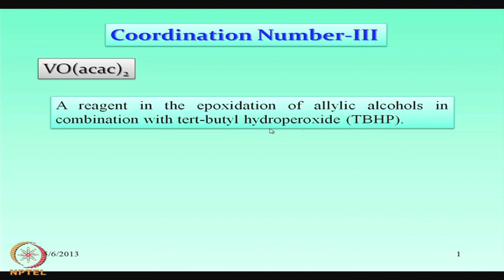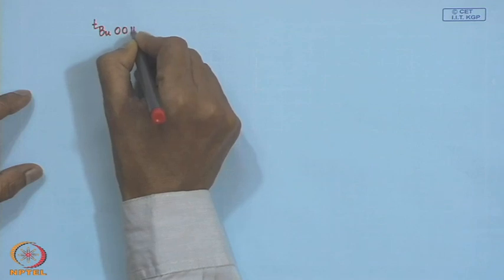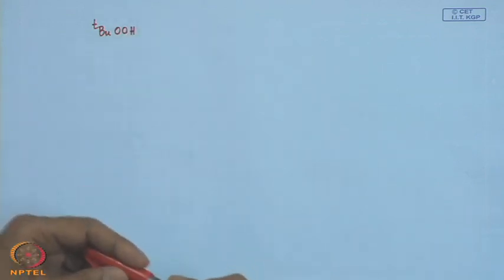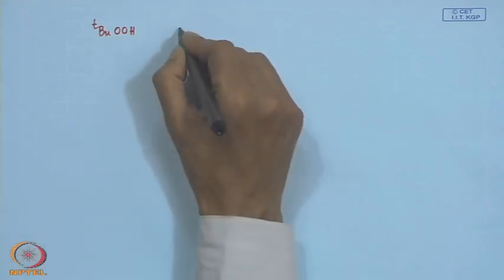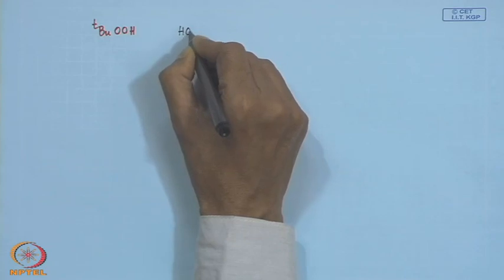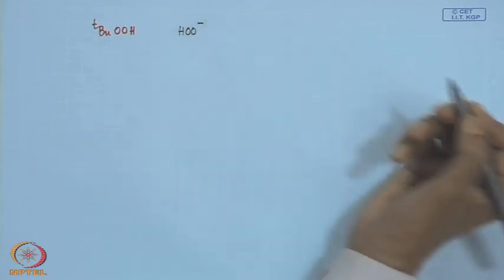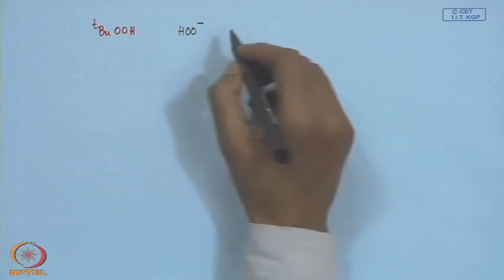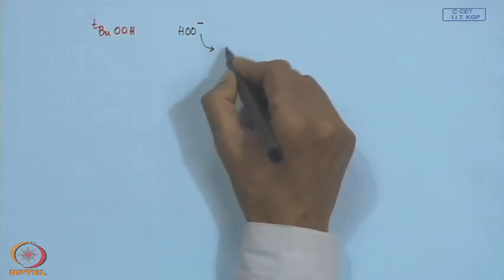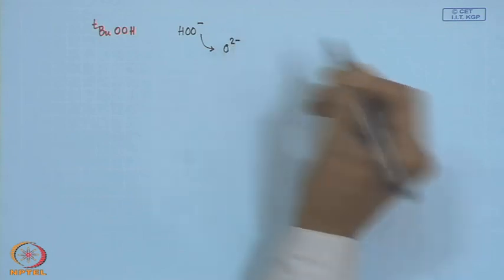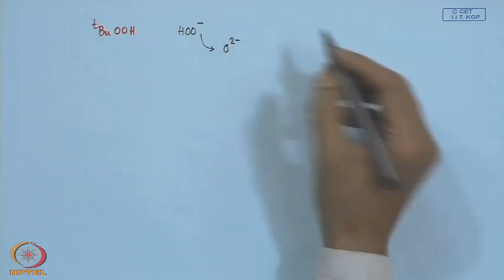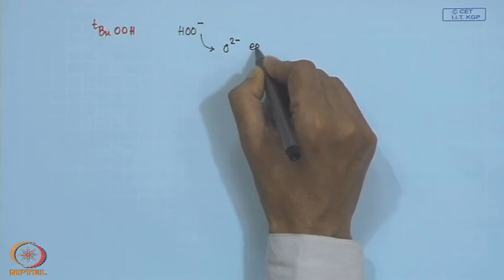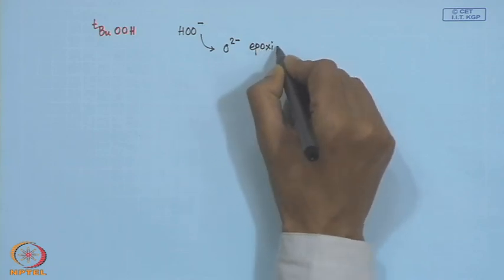Tertiary butyl hydroperoxide is a typical organic peroxide, and that organic peroxide can also give rise to the corresponding hydroperoxide anion, and it can deliver the oxide to the system for the reaction known as the epoxidation reaction.